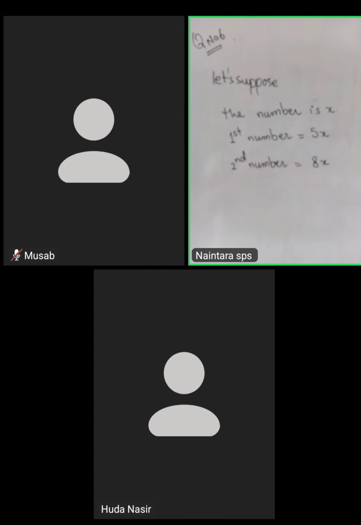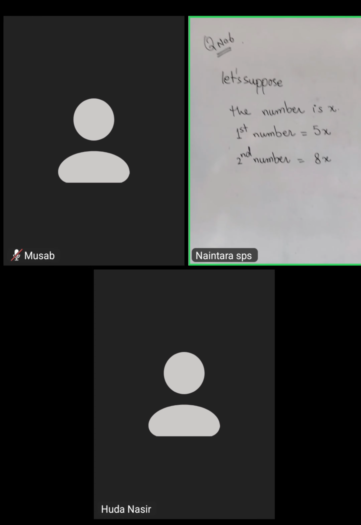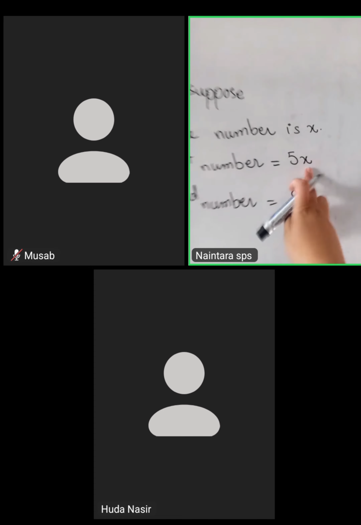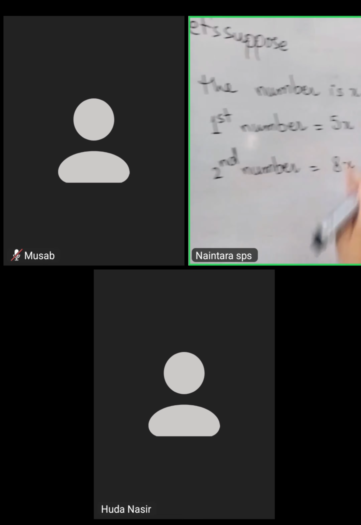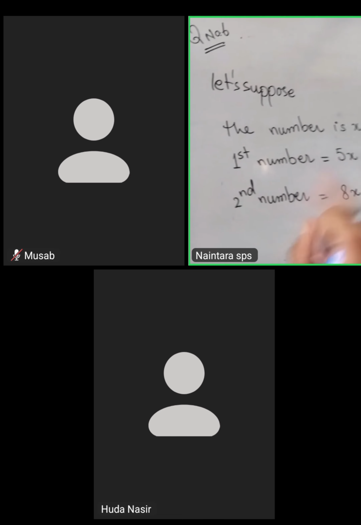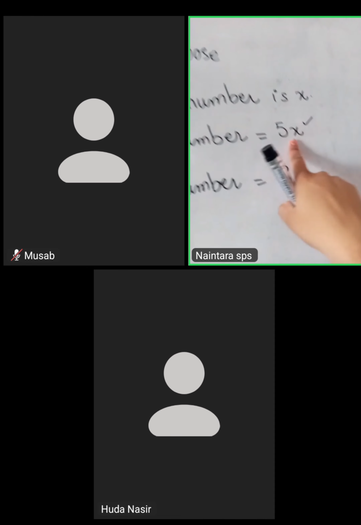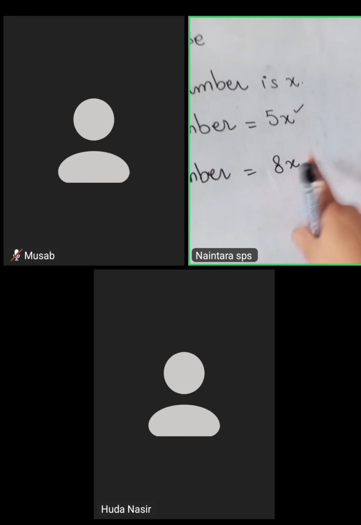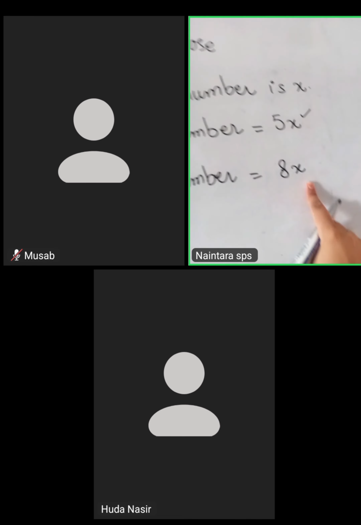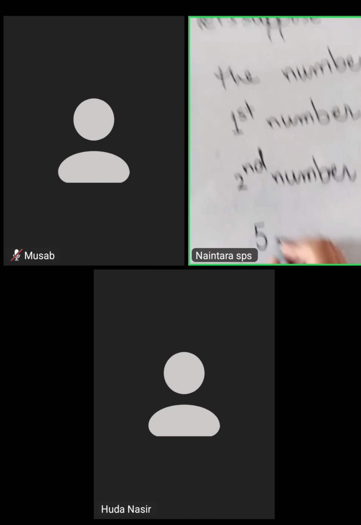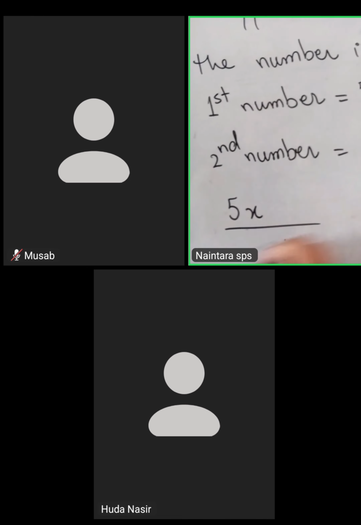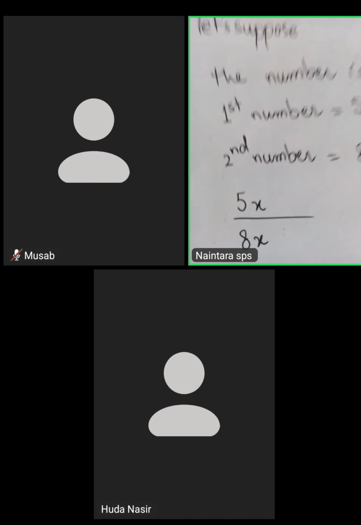In the question, they are saying these two numbers are in the ratio 5:8. 5:8 means there was a number that is in product with 5 and 8. Now, ratio means the first term is the numerator and the second number is the denominator. That is 5x by 8x.